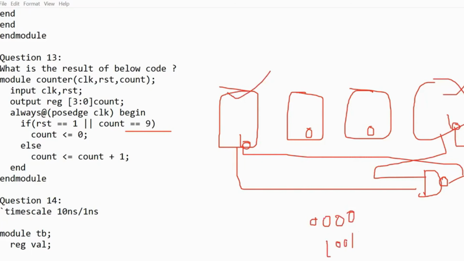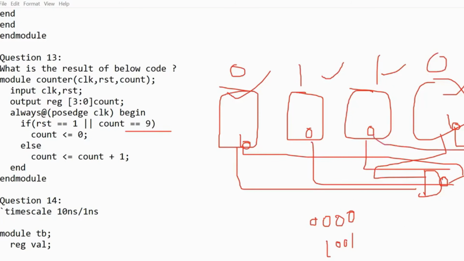Okay, suppose if I want to use it as a modulo 6 counter, what is the value of 6? 0, 1, 1, 0. Once it reaches 0, 1, 1, 0, then these two inputs, 1, 1, I am connecting to the input of the NAND gate, then it will make a 0 output. Then this 0 will be connected to the clear signal.